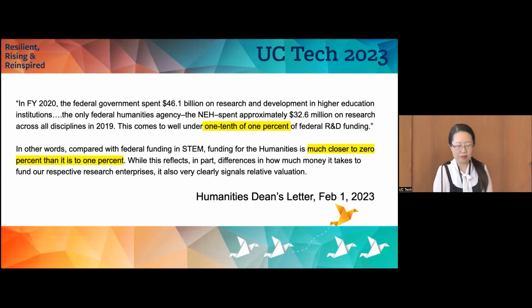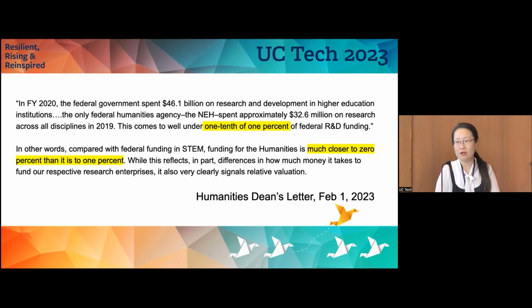I was very surprised to see it's much closer to 0% for federal funding for humanities research than for STEM, like science research. So we are really pinched by the financial support from various governments.